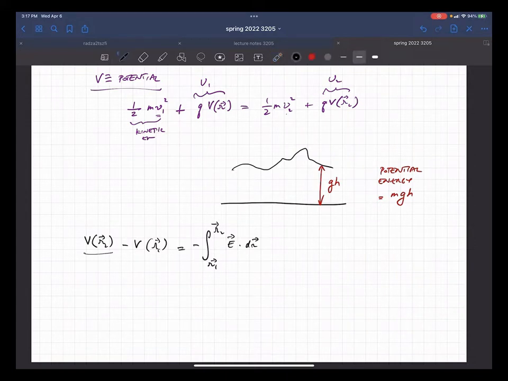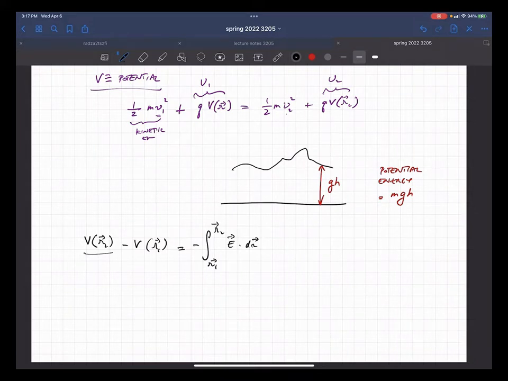Sometimes you want to define things by definition: the potential is a difference between two points. So you really can't say that something will have a certain potential.